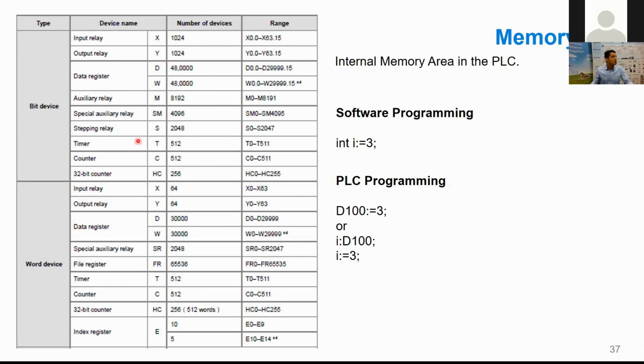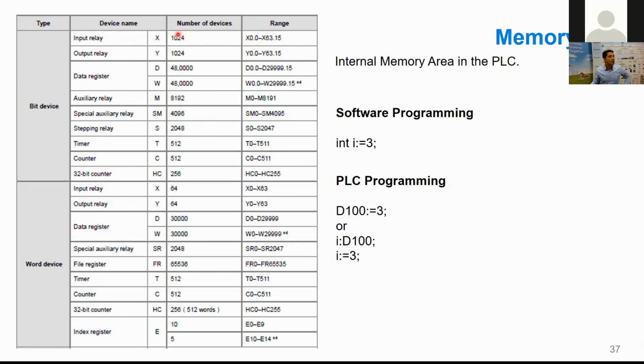For instance, here we have an M memory area, which is not included in the word area, so M can be used as a bit only. This is the hardware specification. Let's focus on the input relay and output relay. This is the real physical input and output address, and this is where it starts.